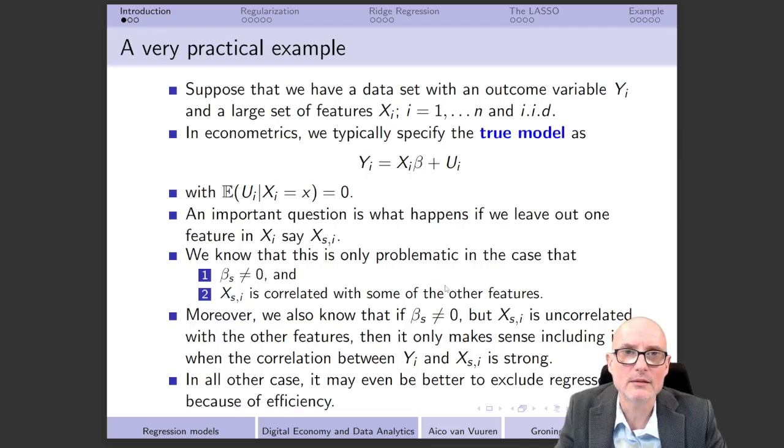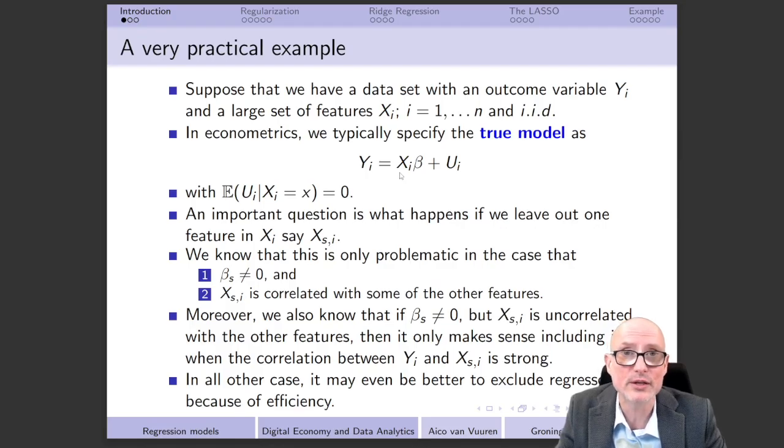So even in the case that the beta_s is not equal to 0, but the particular feature x_s that we're looking at is completely uncorrelated to any of the other features, then still, if we incorrectly run a regression where we do not include the s feature, things are still going to be fine.